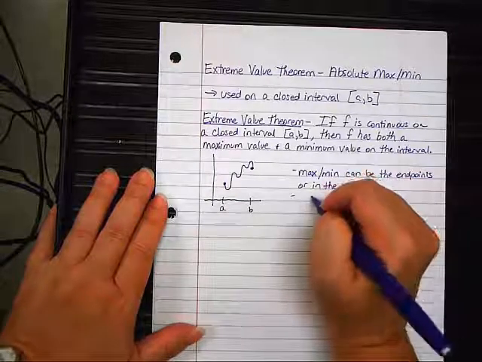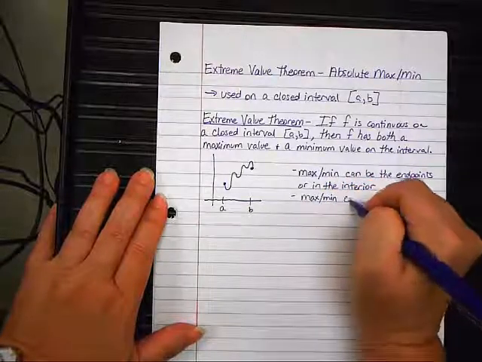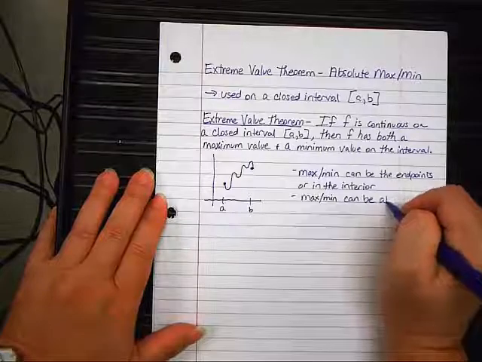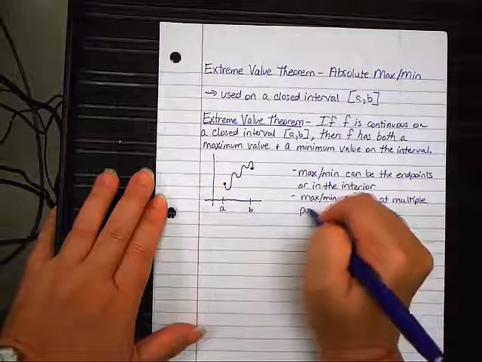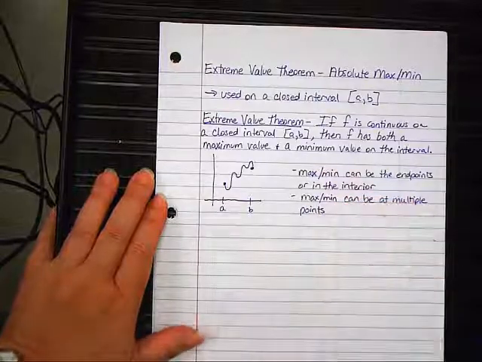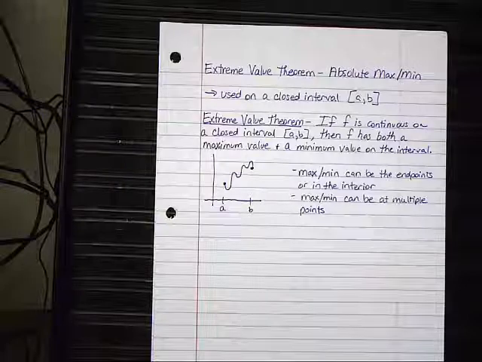And the second thing that we noticed is that maxes and mins can be at multiple points. So you could have the same point twice as a maximum.